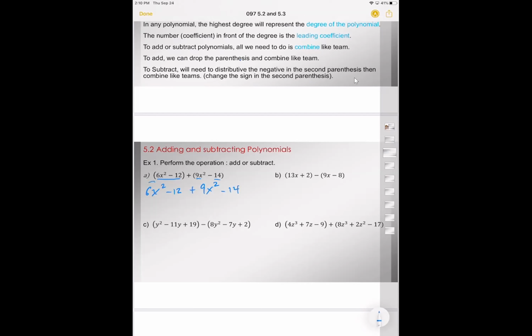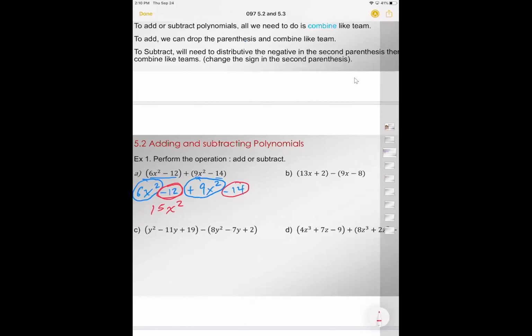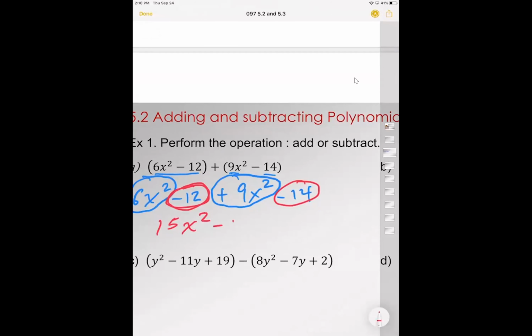Your x squared and your x squared are like terms. We take the 6 plus the 9 to give me 15x squared, and the negative 12 and negative 14 will give me a negative 26. And that is all there is.